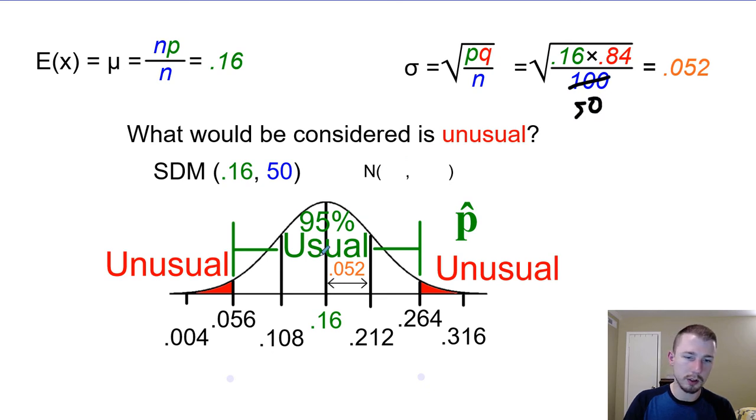And you'll notice our standard deviation is higher than it was before when we did 100. All right, then we can also say that this is a normal model centered at 16% with a standard deviation of 0.052. So notice one of them is showing us a sample size and the other is showing the standard deviation, depending on whether you're parameterizing as a normal model or as a sampling distribution model, but they're really one and the same. It just depends on the context.